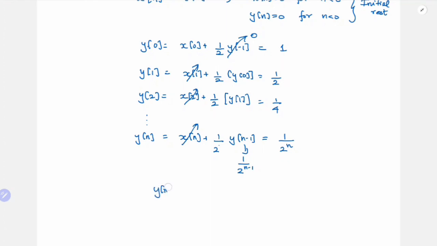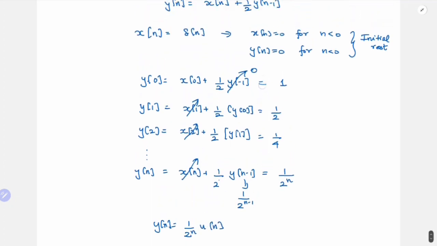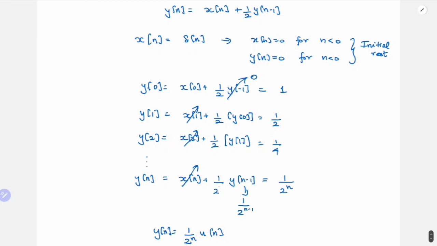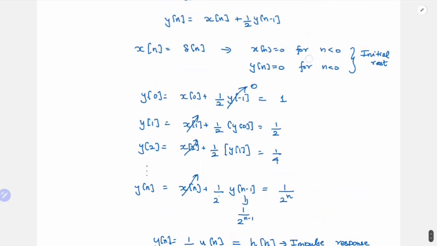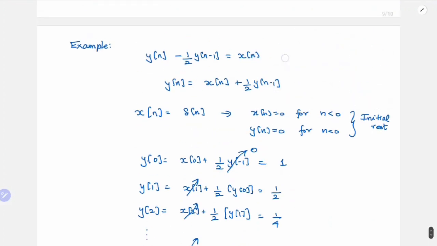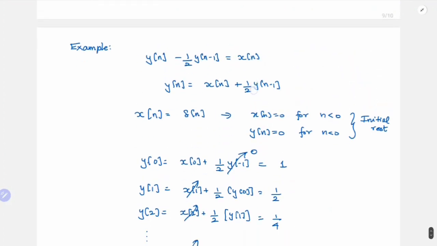So if you have to write y of n, it will be 1 by 2 power n u of n. And since x of n was delta of n, this is nothing but your impulse response for the system. You can observe that it is going to be causal. So you can represent your causal LTI systems in form of difference equations.